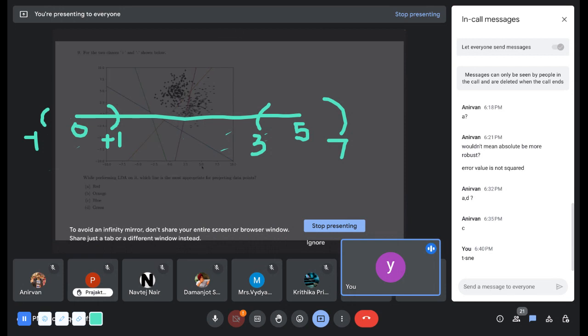Right, so this is the question. You're given two classes, pluses and minuses. Now, what is the best line to project the data?